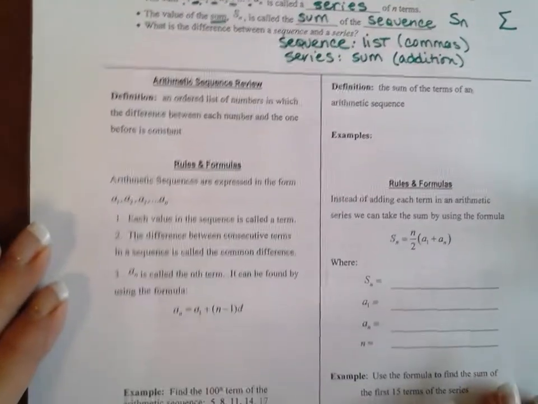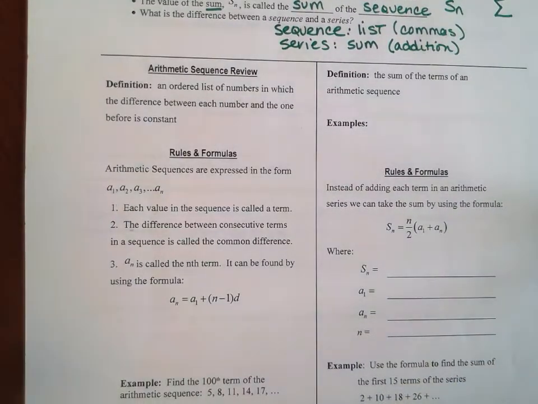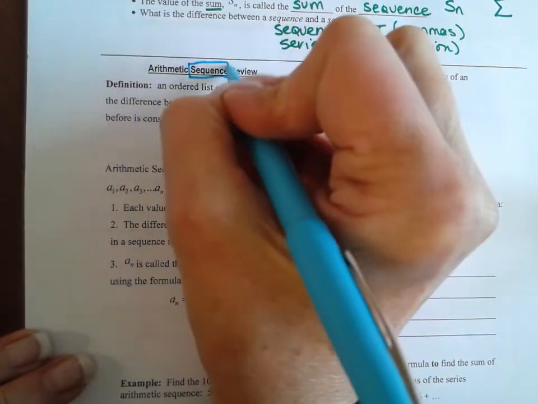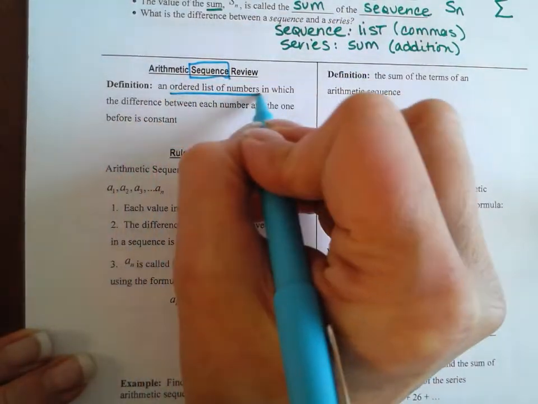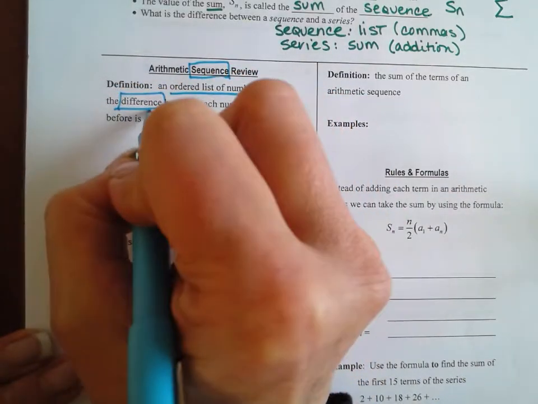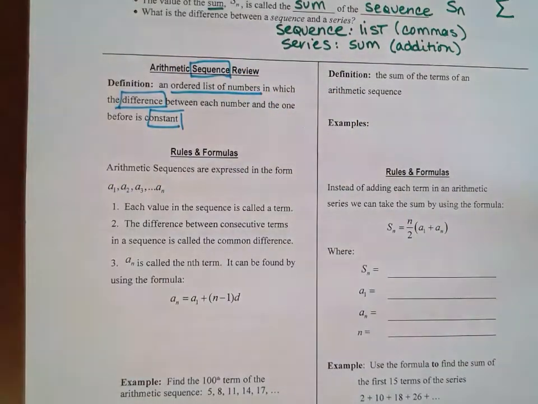Okay, so let's review what we did yesterday, just to make sure we're good on this stuff. So we know that if it's a sequence, it's an ordered list of numbers, and the difference is constant. That's the key thing.